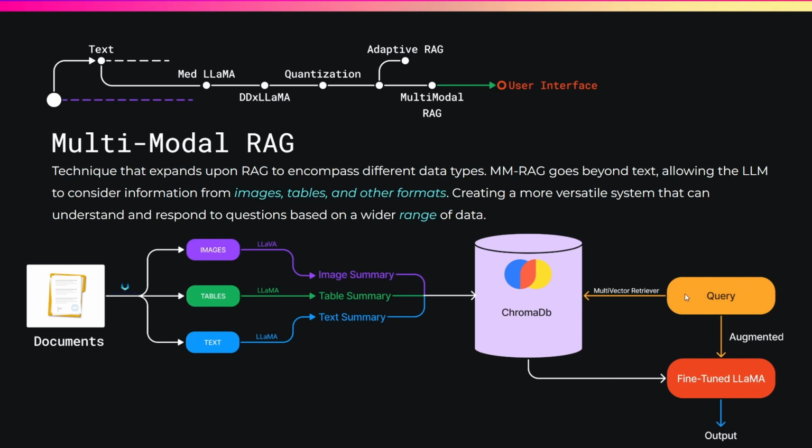And whenever a patient asks a query, our multi-vector retriever would simply retrieve the relevant image, text, or table summary, which is then used to generate the output that is served to the user.